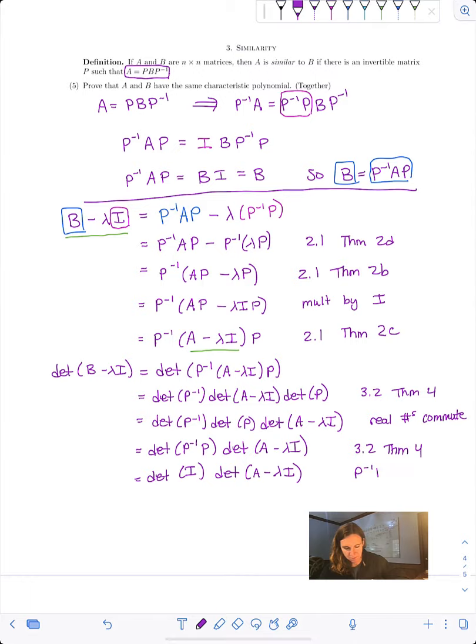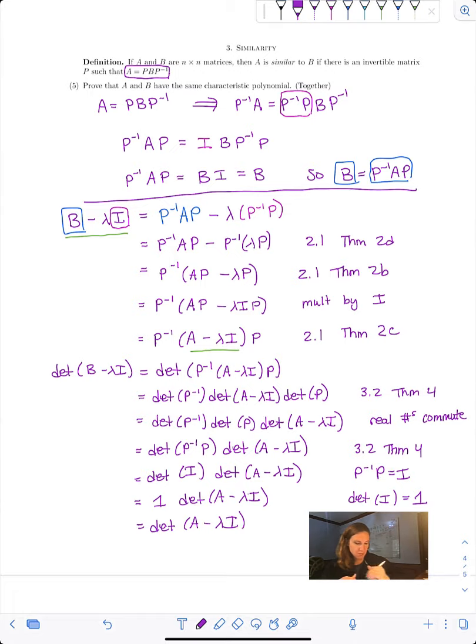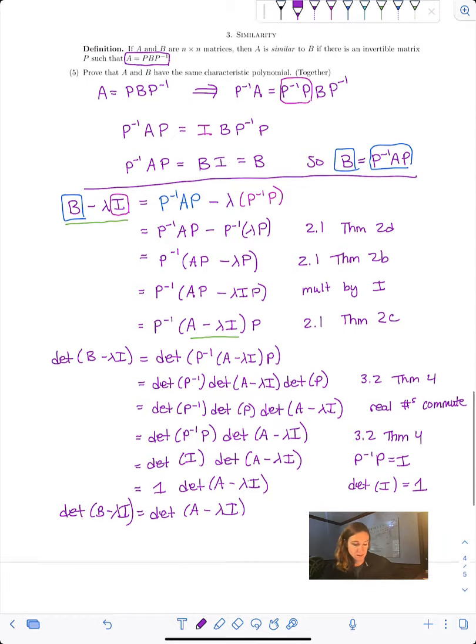Since P inverse P equals the identity, and the identity matrix has determinant 1, it's a bunch of 1s on the diagonal. And so finally, what we have is the determinant of B minus lambda I equals the determinant of A minus lambda I. But that gives us the characteristic polynomial.